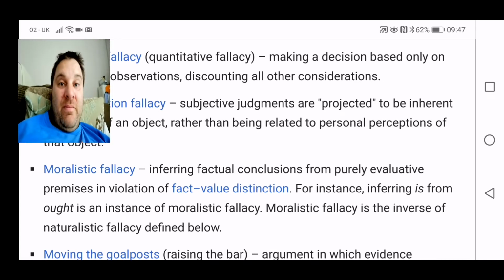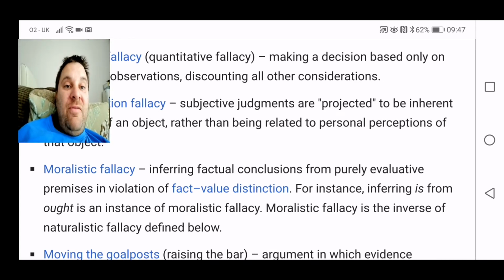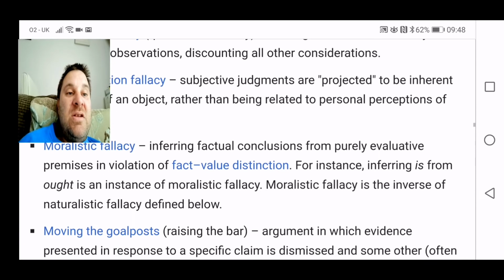Moralistic fallacy, inferring factual conclusions from purely evaluative premises in violation of fact-value distinction. For instance, inferring is from ought is an instance of moralistic fallacy. Moralistic fallacy is the inverse of naturalistic fallacy defined below.